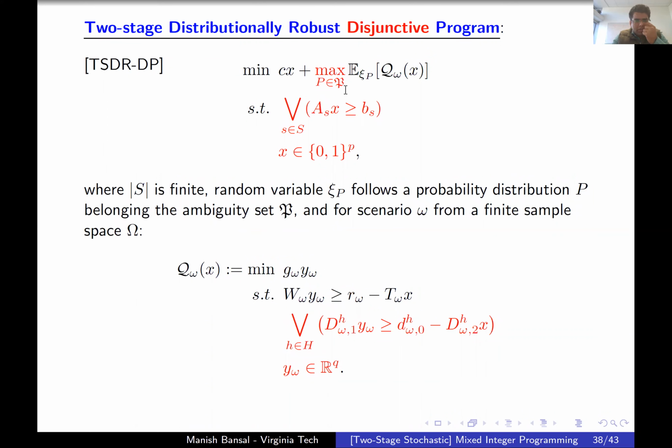We have recently also studied a further generalization where we add disjunctive constraints in both the first stage and the second stage. By disjunction, it means that the feasible region will belong to either one polyhedral set or the other, one element of the disjunction or the other.